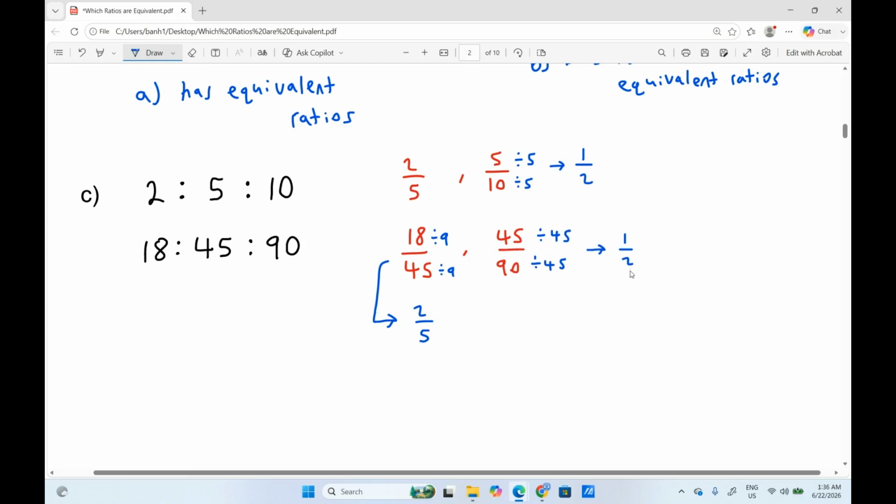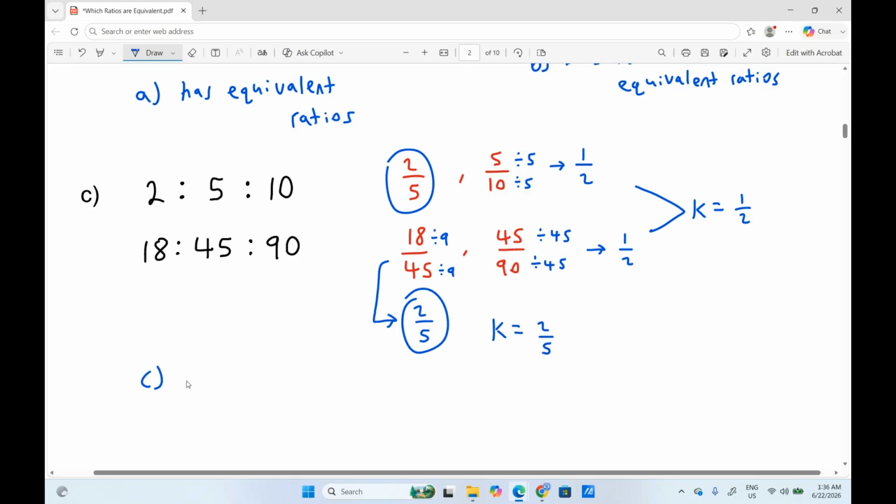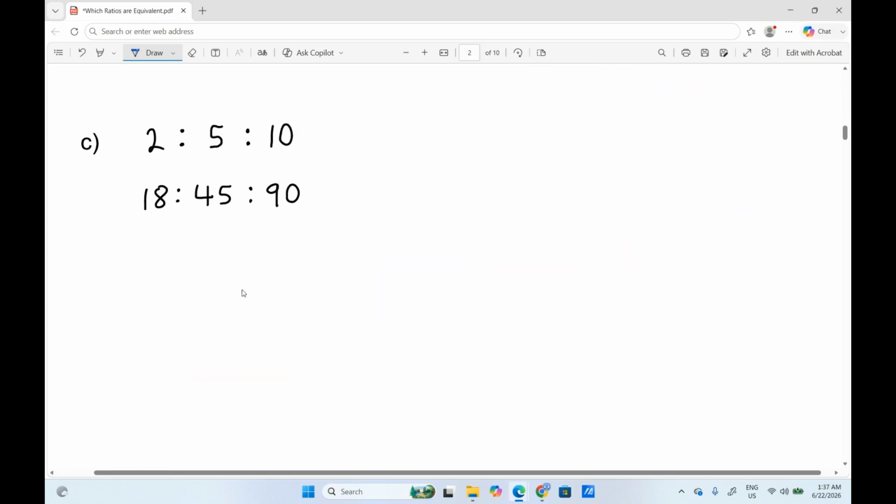Since now I have 1/2 and 1/2, 2 over 5 and 2 over 5, I can say, based off of the constant of proportionality, in both cases here the constant of proportionality is 1/2. And in both cases here, the constant of proportionality is 2 over 5. I can say that these are going to be equivalent. So hence for C, I'm going to have equivalent ratios.